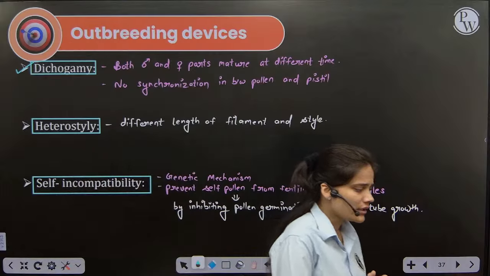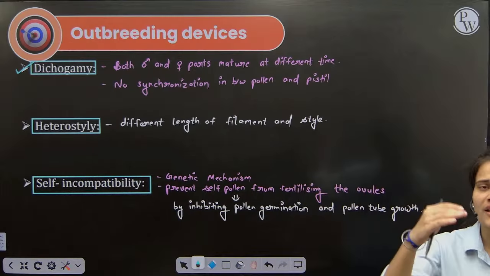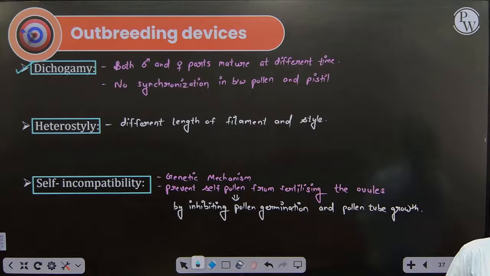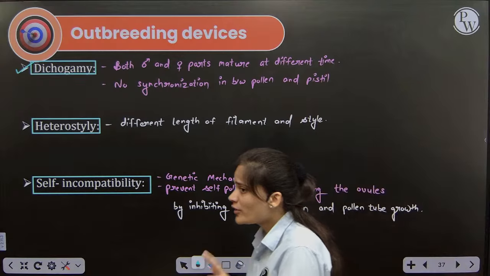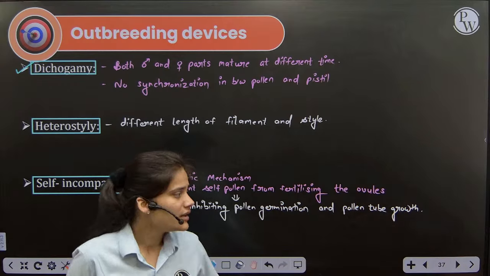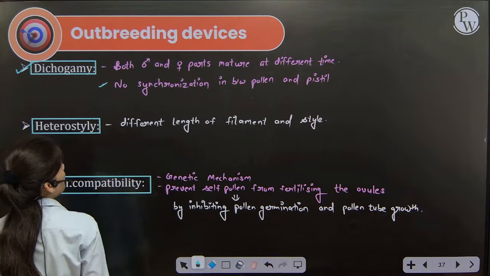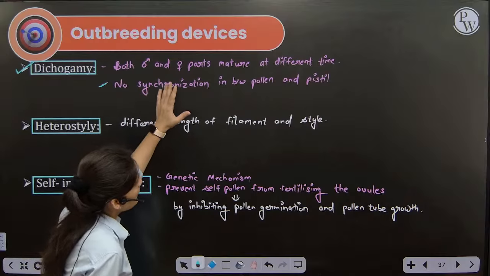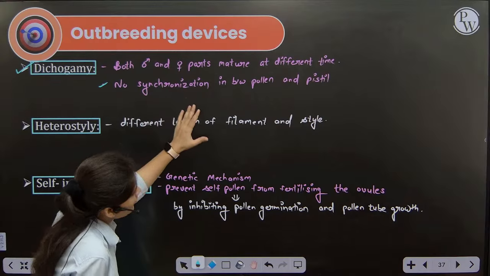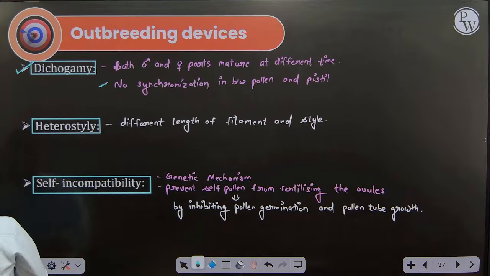Suppose either the pollen dehisces but the stigma is not receptive, or the stigma becomes receptive but the pollen grains have not dehisced. Then there are chances that autogamy cannot take place. So there is no synchronized or coordinated work between pollen and pistil.